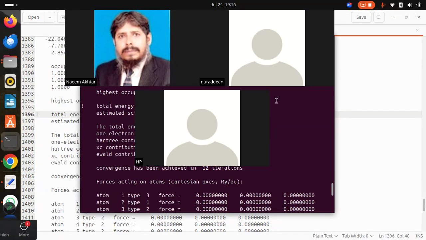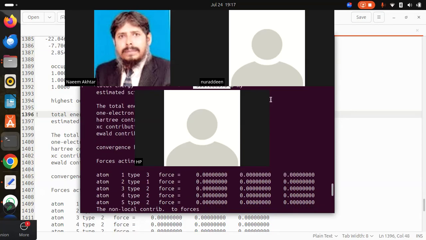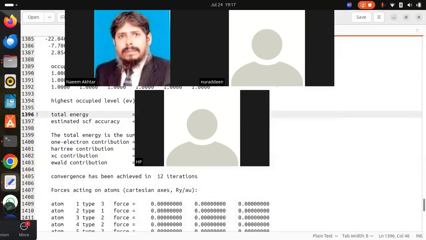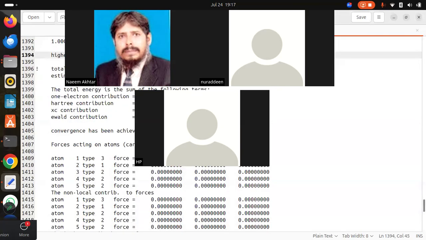It's almost the same. Maybe just the last three digits are not the same, but the last digits don't matter. It says that almost everything is the same.